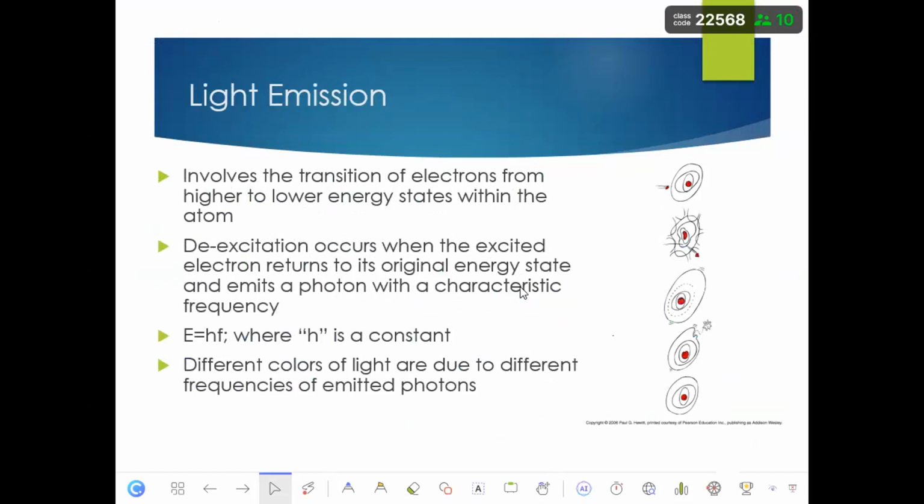If the energy that the particle receives is in the frequency range of visible light, it emits visible light. If it's in the range of other frequencies, it will emit X-ray, gamma ray, infrared, or ultraviolet. Good?